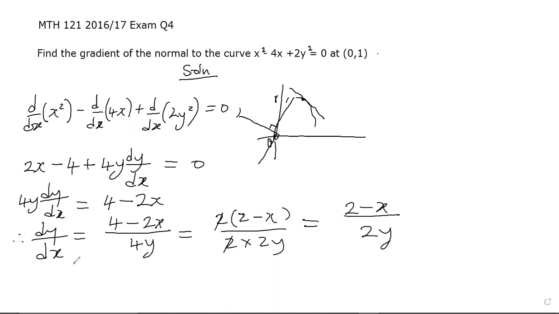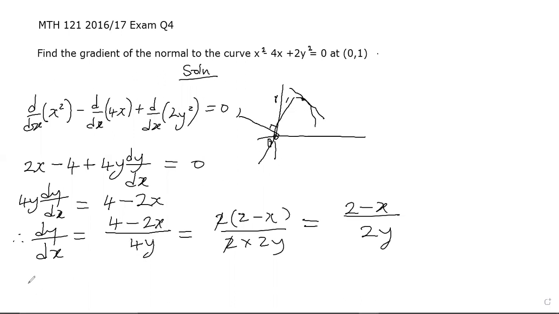Now this is the gradient of a line. This expression represents the gradient of a line tangent to the curve at this point. But what we were asked to find is the gradient of the line normal to the curve. There is a relationship between the gradient of a line tangent to a curve and the gradient of a line normal to a curve.